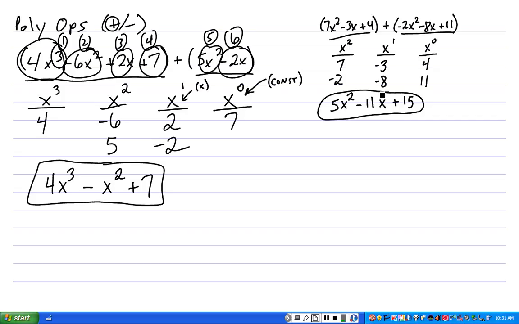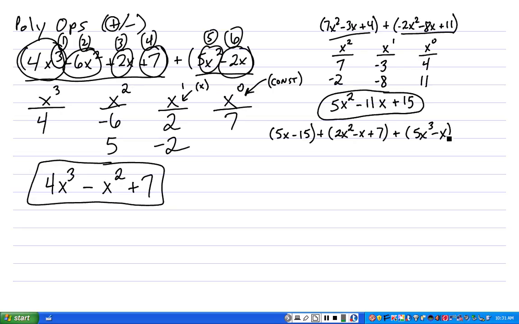Alright, let's look at another one. Let's say we have 5x minus 15 plus 2x squared minus x plus 7 plus 5x to the third minus x.